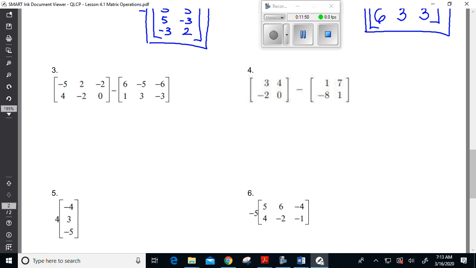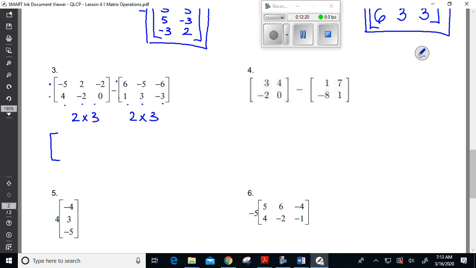Let's do a couple of subtracting. Now these subtraction problems will actually work, unlike the last one that we had. For subtraction, again, check your matrices, make sure they work. 2 rows, 3 columns. 2 rows, 3 columns. They both match, so we can keep going.